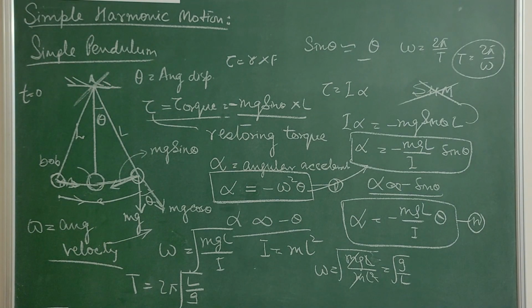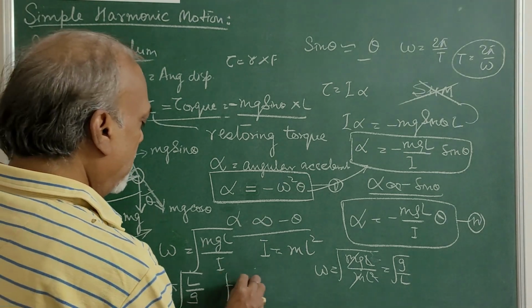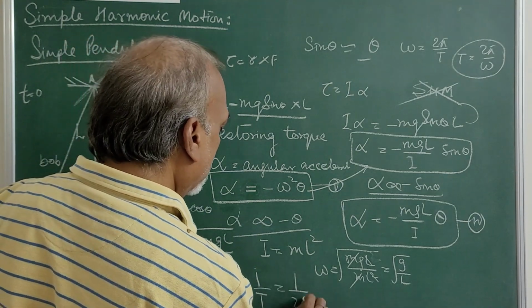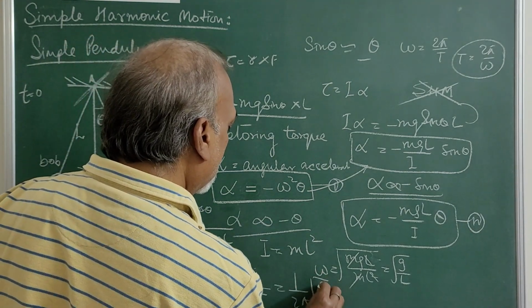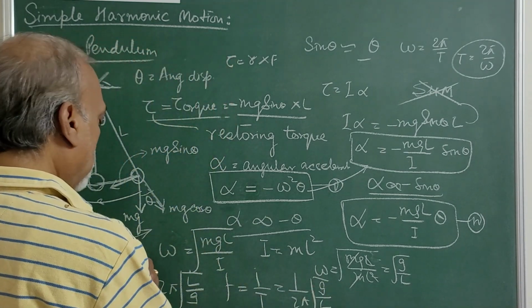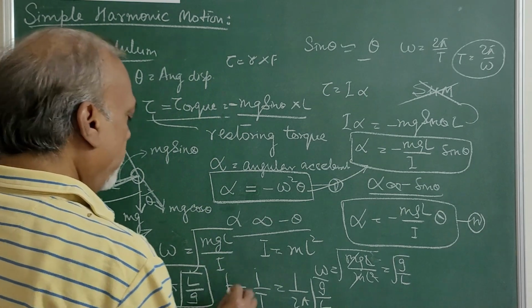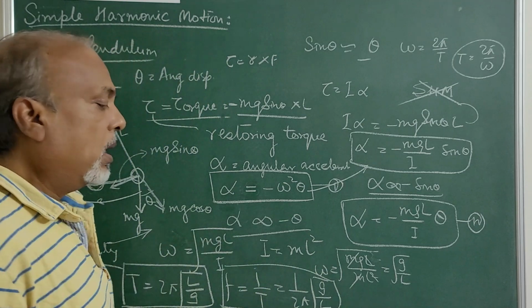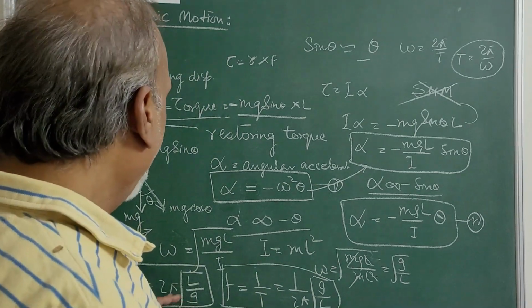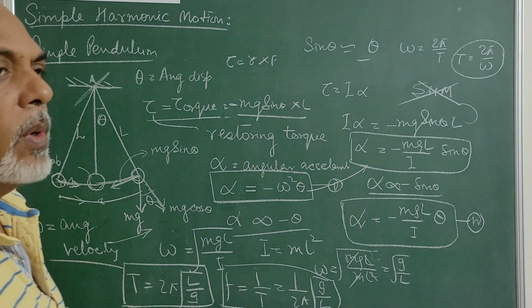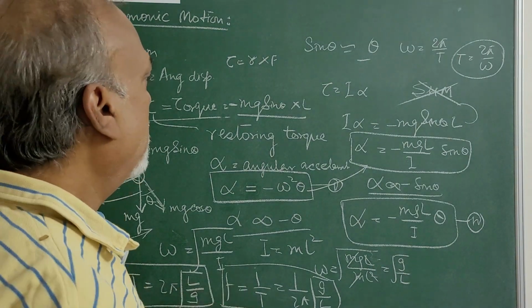Correct? And what is frequency? Frequency is nothing but 1 upon T. So you can easily write it as 1 upon 2 pi root g upon L. So this is the expression we are getting from this derivation for the time period of this bob and for the frequency of the bob.